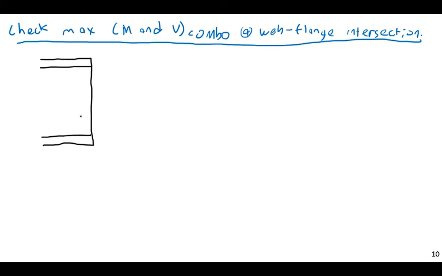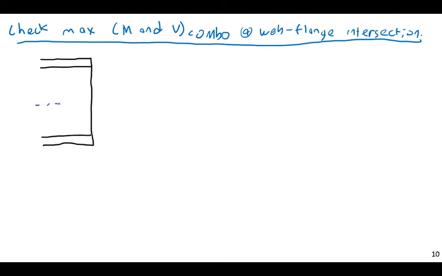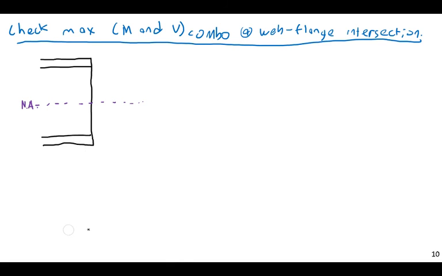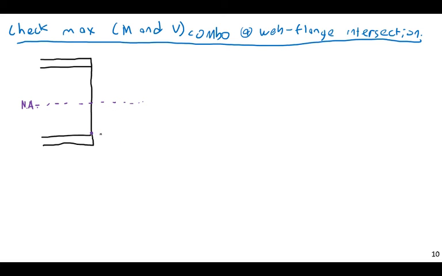So consider we're looking at this from the side, and I'm going to have my neutral axis at the middle, neutral axis here. I could look at the top or the bottom, it'll be the same, but just for fun, I'm going to look at the bottom, because at that point it's going to be tensile bending stress.